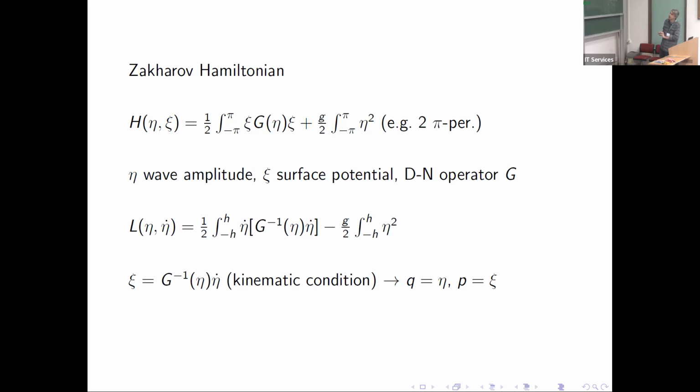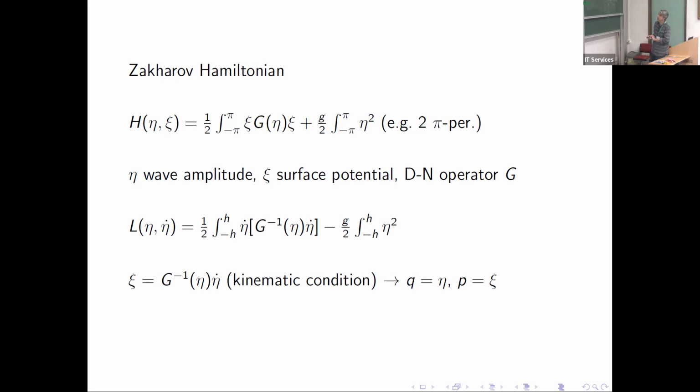So the idea was that this is analogous to what I had in the previous picture. If we think of the inverse of the Dirichlet-Neumann operator, Neumann-Dirichlet, assuming it exists under some condition on eta, and here we have actually derivatives of eta, which is the wave amplitude time derivative.